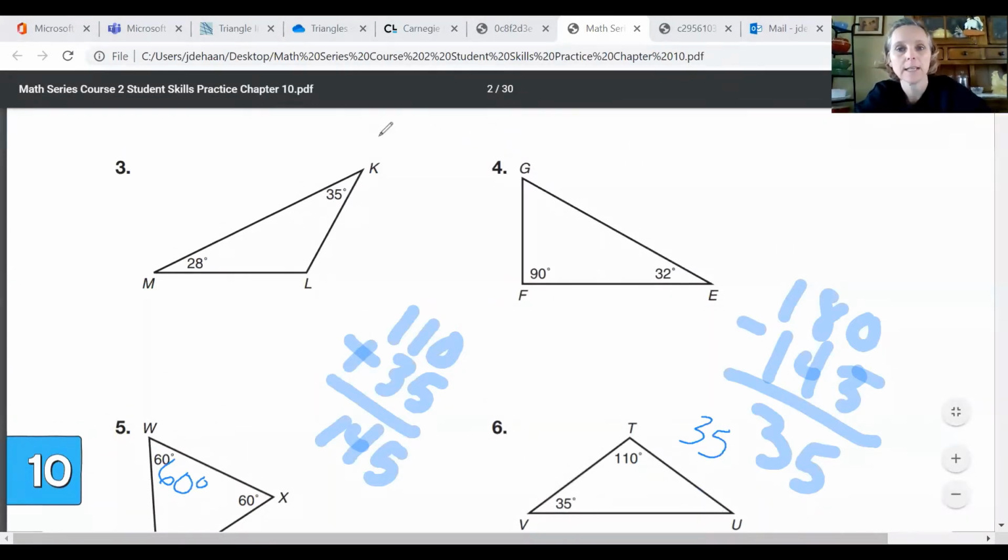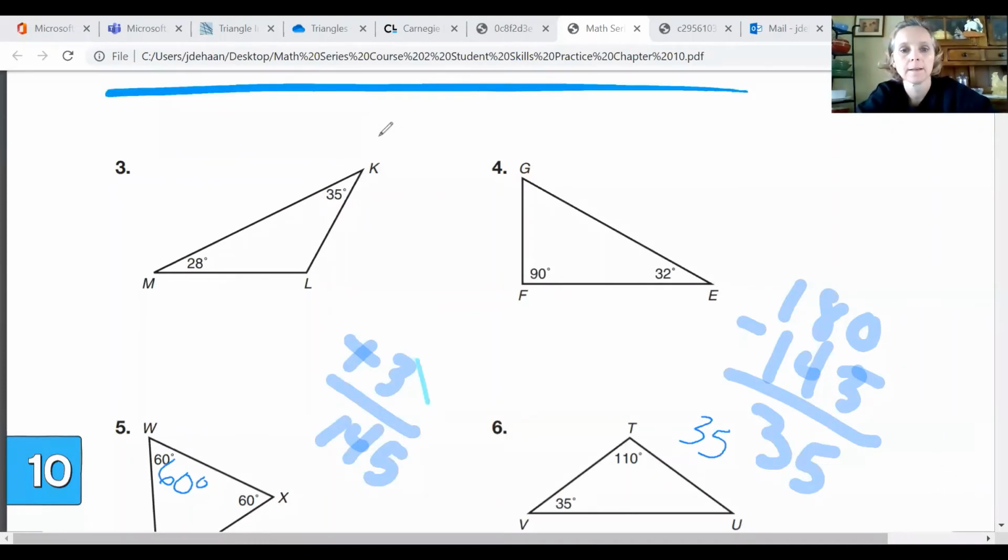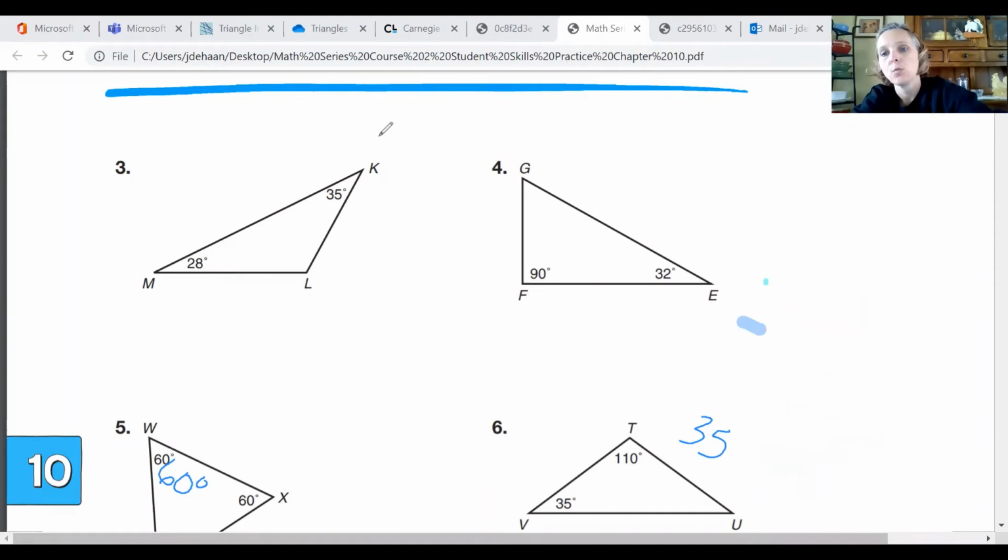Go back to annotate. I want to erase this. Once you find the angles of a triangle, you can also put the sides in order from shortest to longest, or smallest measure to longest measure. So if I look at number 4, I might as well go ahead and solve that.